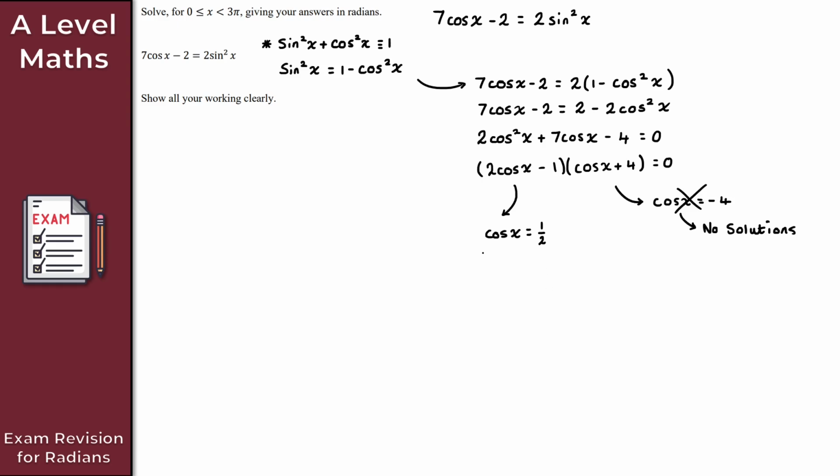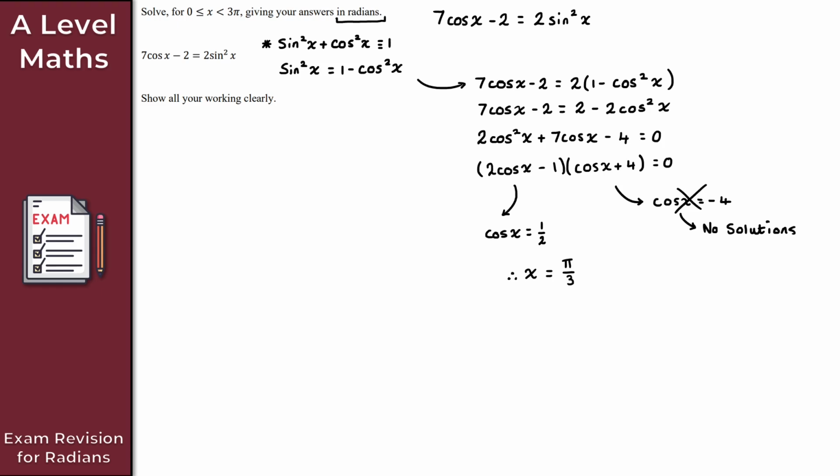To begin with, let's take cos inverse of both sides. So x is equal to cos inverse of 1/2. Now just ensure that your calculator is in radians mode as opposed to degrees, because we need to give the answers in radians. If you do this correctly, your calculator should give you pi over 3.